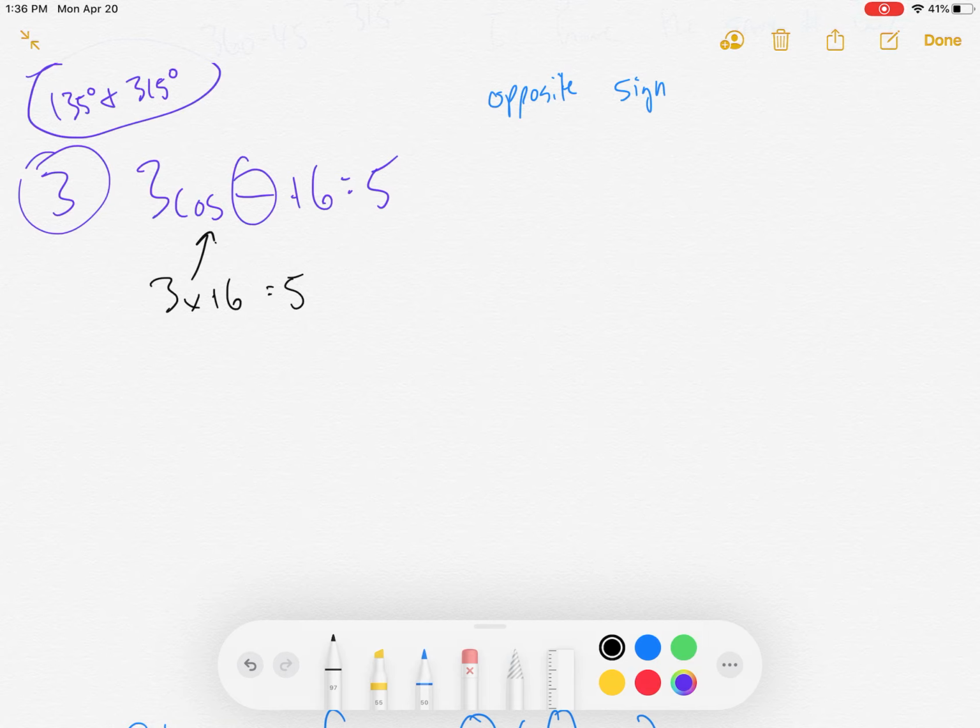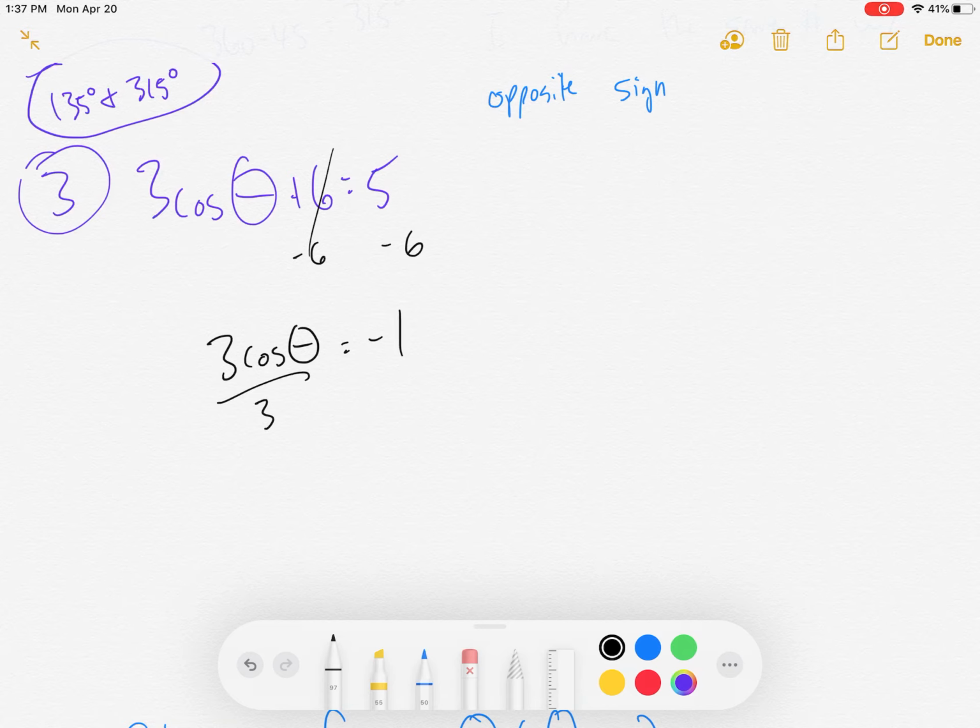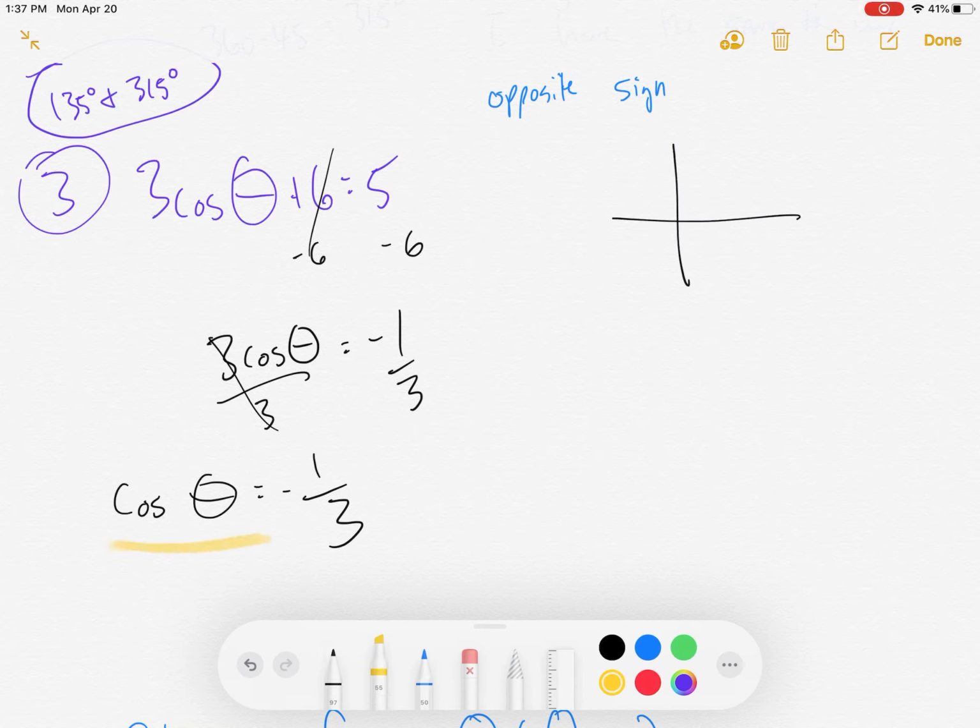Just treat it like it was 3x plus 6 equals 5. Just treat this like it's an x. I've got to get cosine by itself. How do I do that? Well, first I need to subtract 6. 3 times cosine of theta equals -1. Now, divide by 3. I get cosine of theta equals -1/3.